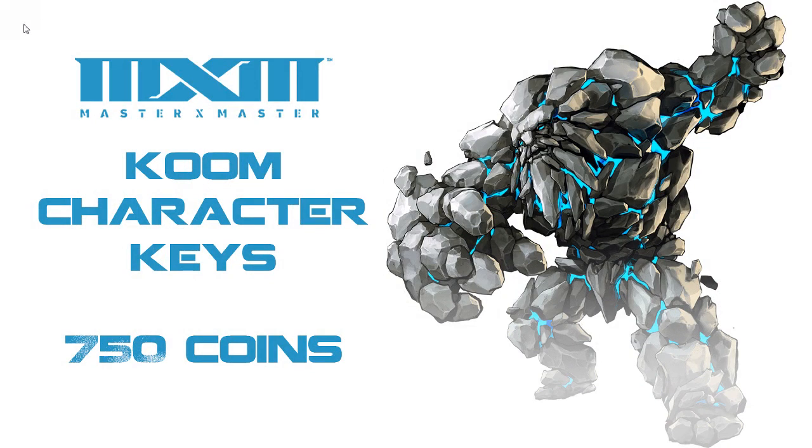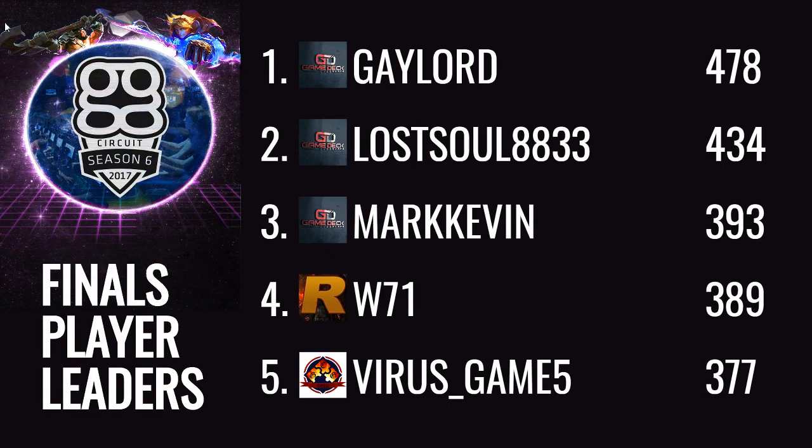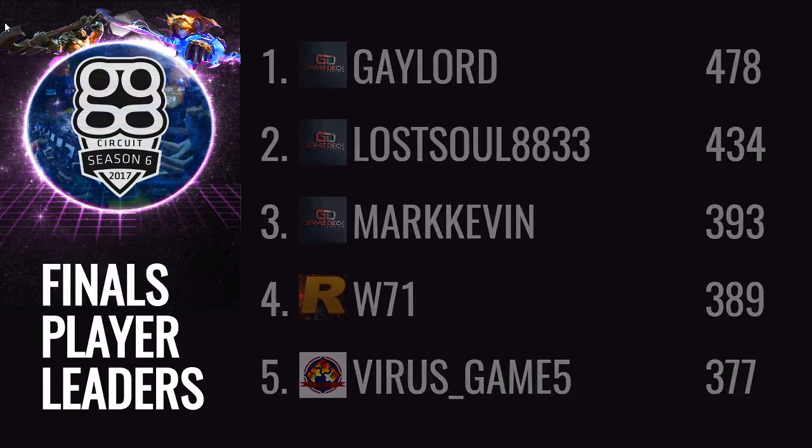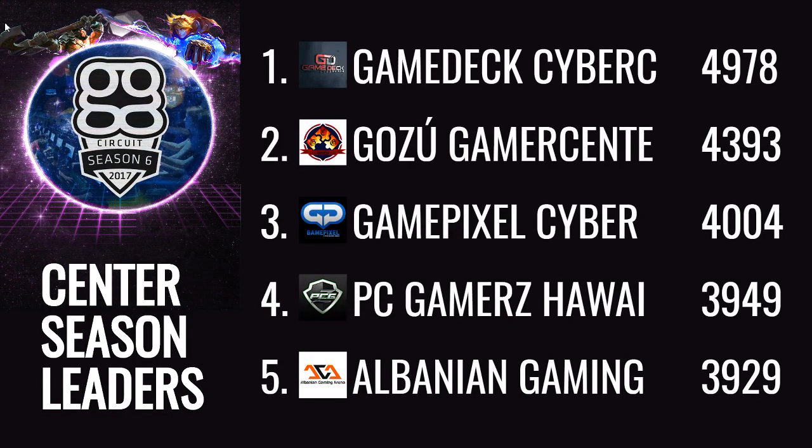It's just another thing that we try to do to make the gaming experience different. So we put in advertisements on prizes that are available. We show, this was for the season 6, the global finals leaders. We also do the center season leaders. This stuff is going away since season 6 is there.